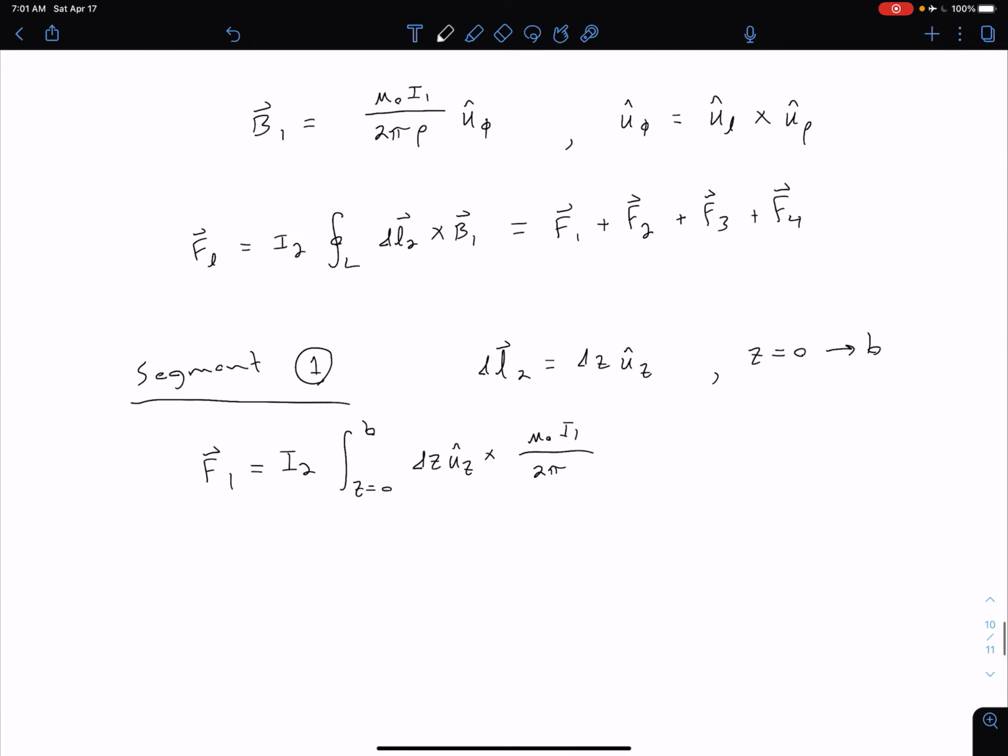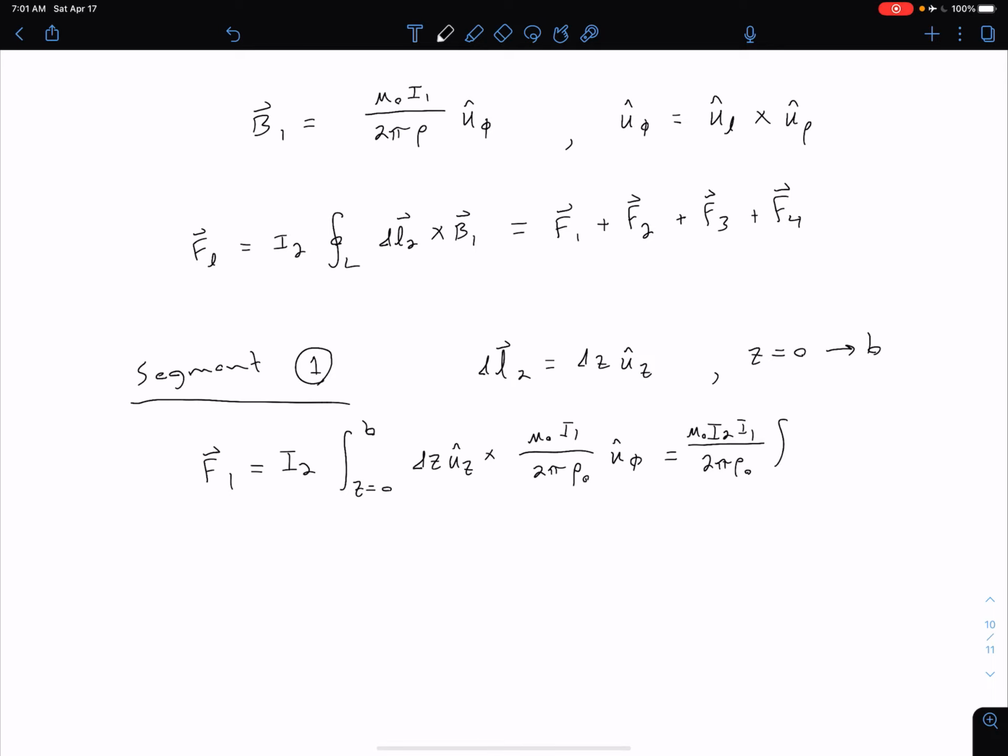So we put rho naught for that perpendicular distance, and again that is in our phi direction. Okay, so we can pull out some constants. Pretty much everything is going to be a constant in this case. We're going to have mu naught I2, I1 divided by 2 pi rho naught, because rho naught again is just a constant distance there.